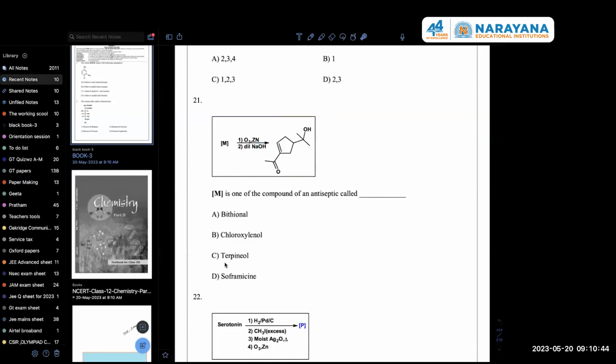First ozonolysis, then dilute NaOH, meaning aldol condensation. So I am using the organic reactions in chemistry in everyday life, because I know that kind of question they may ask in JEE Advanced. I'm feeling like that because it is coming for the first time. They will use reactions like aldol, Cannizzaro, neutral FeCl3, carbylamine, Hoffmann bromamide.